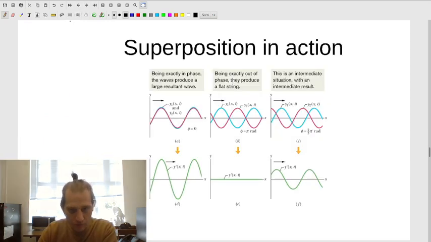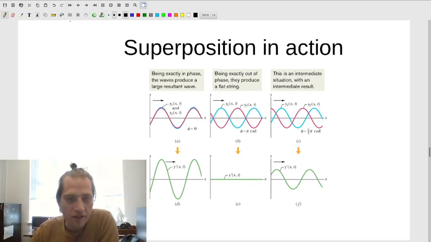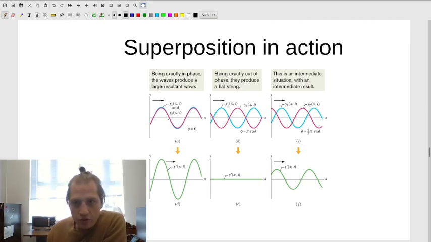So here's a little bit of a confusing example that's going to be very much relevant. Suppose that you have two waves that are traveling in opposite directions, or that in this case we just have two waves that are either in phase or out of phase.